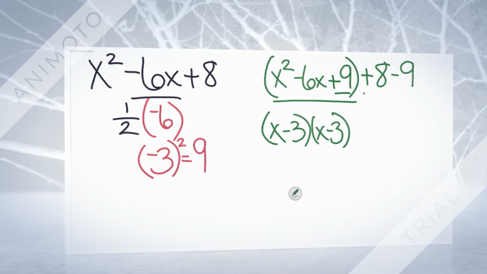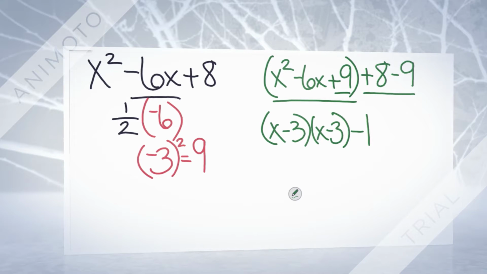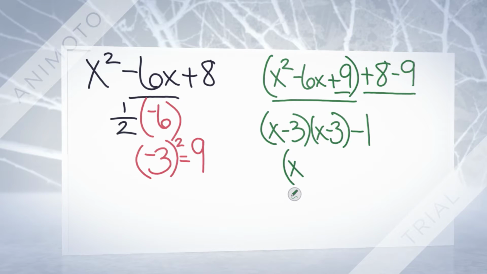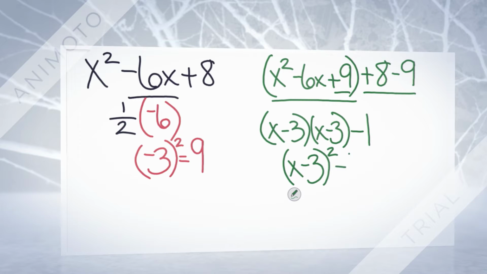And then if you complete the second part of the equation, you get minus 1, because 8 minus 9 is negative 1. So this can also be written as x minus 3 squared minus 1 equals 0.